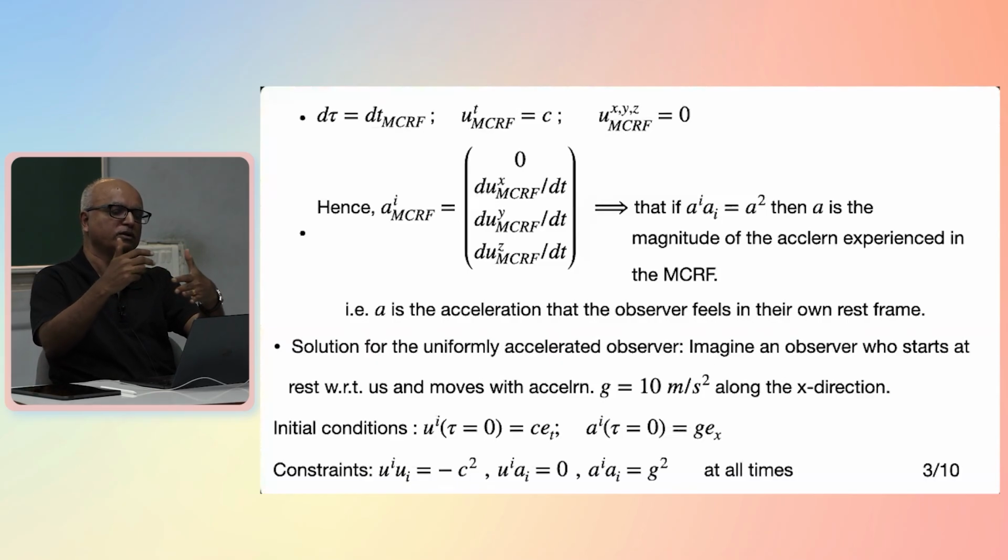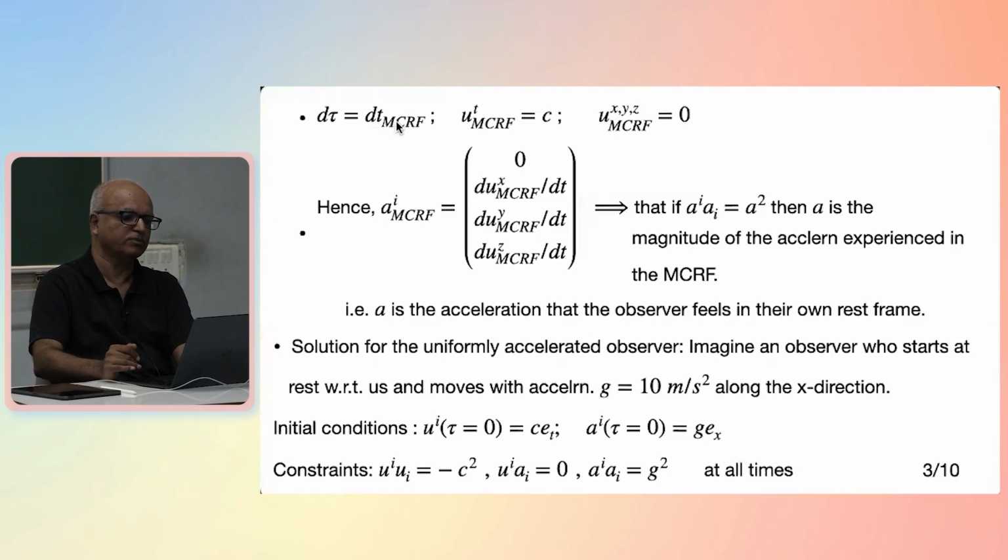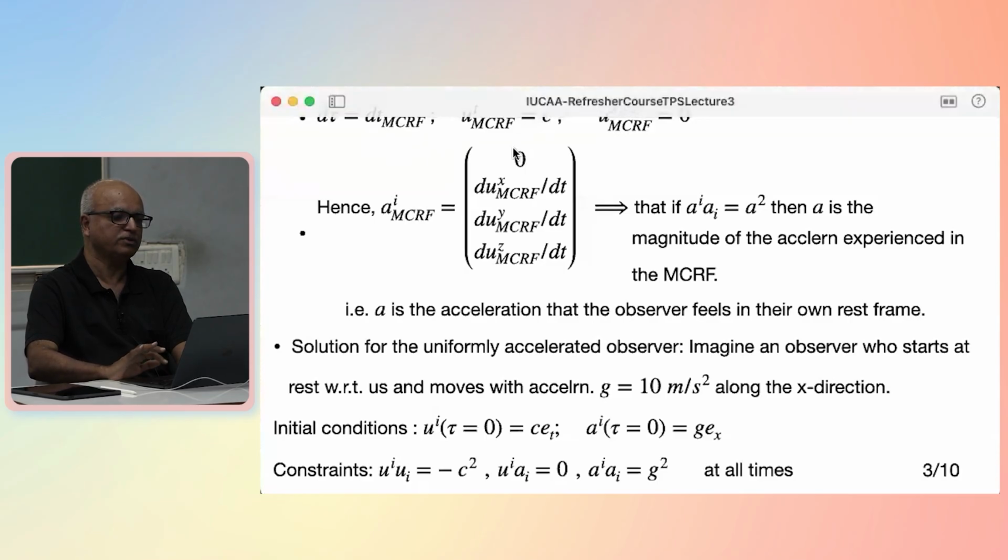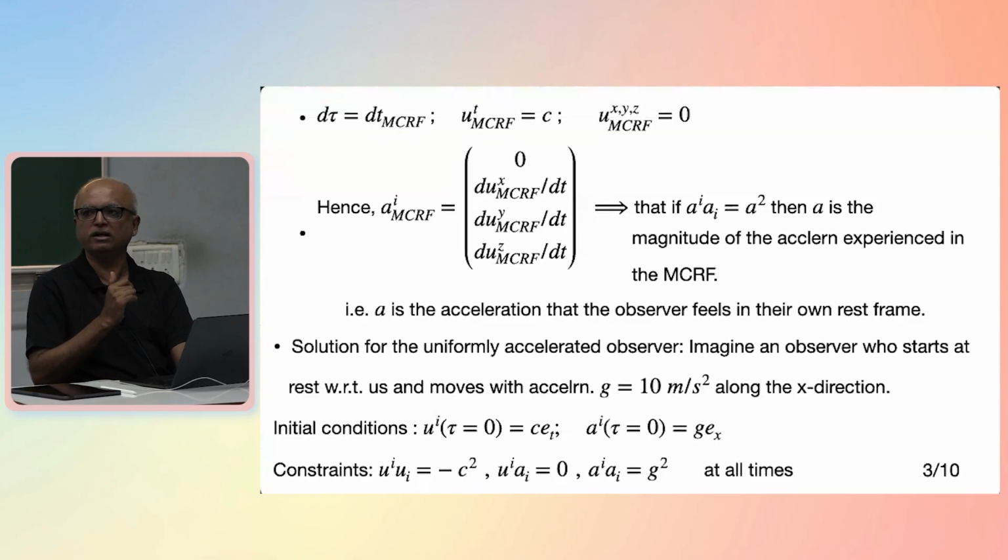At that moment, there is no change in the coordinate position. So dτ is dt. The spatial components of my 4-velocity with respect to the MCRF are 0. There is only a time component of the velocity, and since dτ and dt are equal, the time component is c, because the time component of the 4-velocity is c dt/dτ.